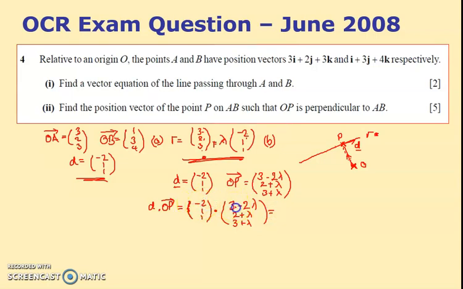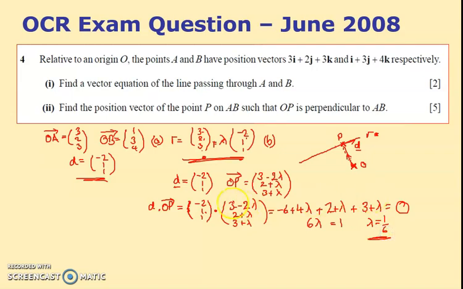So minus 2 times this gives me minus 6 plus 4 lambda. Plus 1 times 2 plus lambda is 2 plus lambda. Plus 1 times 3 plus lambda, that's 3 plus lambda. Remember what I said: if this is perpendicular, it has to equal 0. So how many lambdas have I got? I've got 6 lambdas. Minus 6 plus 2 is minus 4, plus 3 is minus 1, which I move over to get 1. So I think lambda is a 6th.